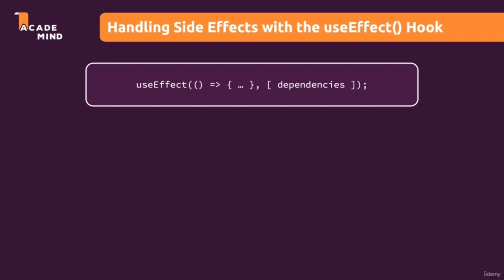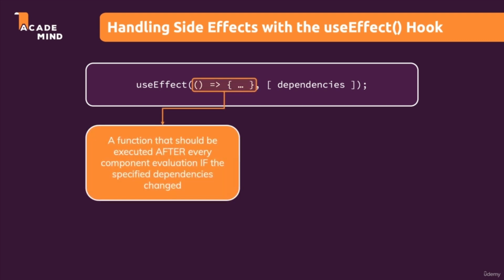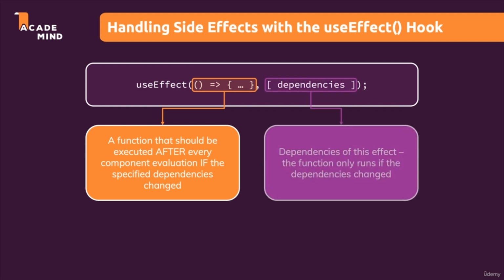The first argument is a function that should be executed after every component evaluation if the specified dependencies changed. And the specified dependencies are the second argument that you pass in. That's an array full of dependencies, and you will see how these dependencies look like throughout this module. So an array full of dependencies, and whenever such a dependency changes, that first function will rerun.